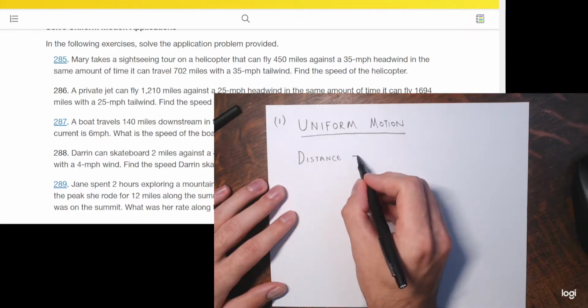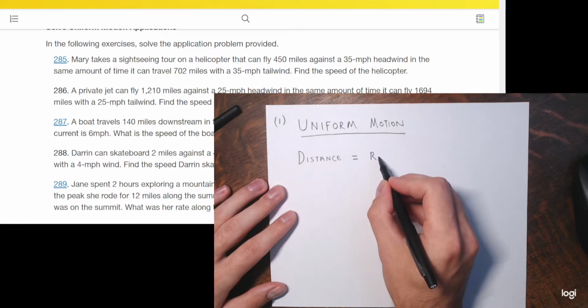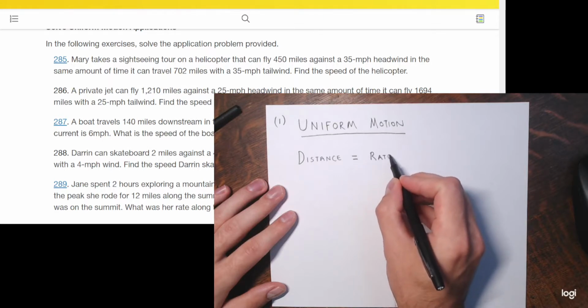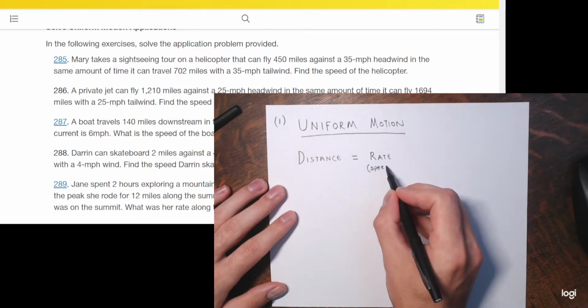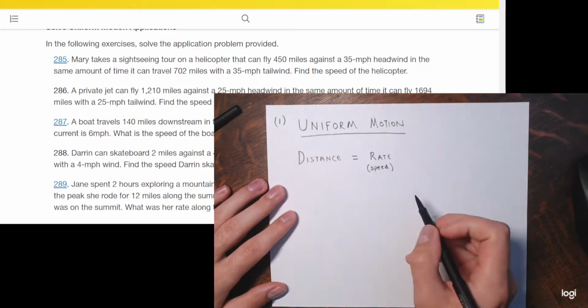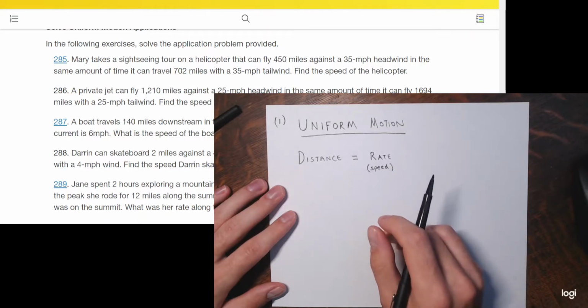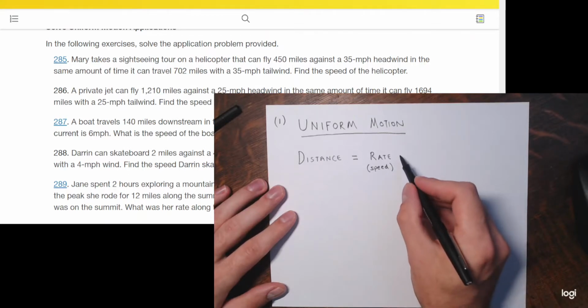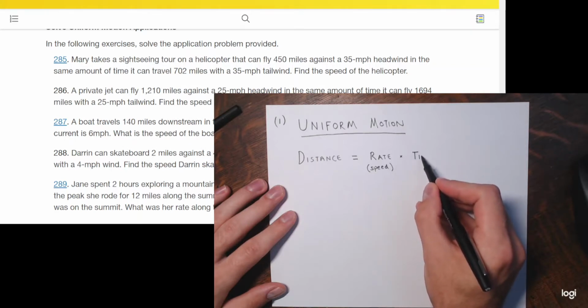is equal to the rate of travel, or speed. You might also refer to this as speed, but very often they call it the rate of travel, miles per hour, meters per second, whatever, multiplied by the time traveled for.